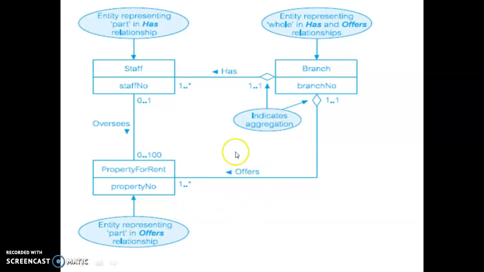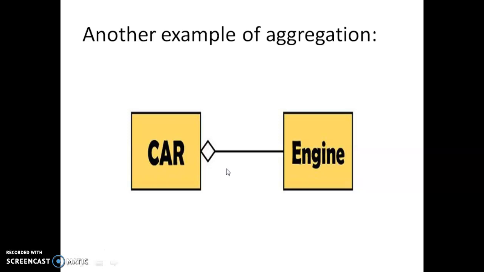This is one example of aggregation. This is another example of aggregation. Here, for example, a car consists of wheels, engine, gearbox, steering, etc. A car is an assembly, that is the whole, and the other parts are its constituents.